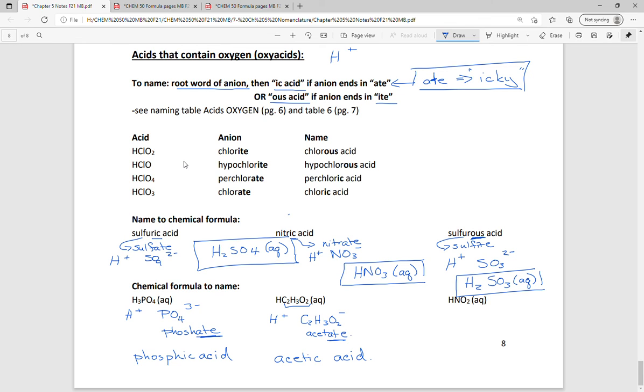And I'm guessing that that's something that you've heard of, acetic acid. Okay, so next one, H plus and NO2 negative. NO2 negative, looking that up on the polyatomics, that would be nitrite. So that would make this nitrous acid, not nitric acid, because that's a different polyatomic in there.